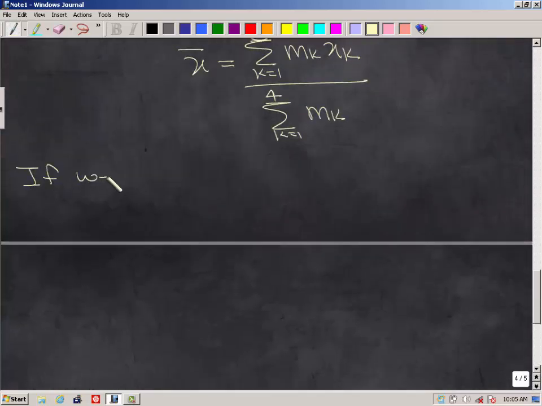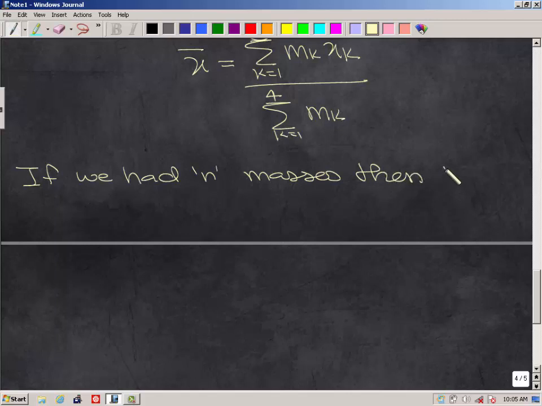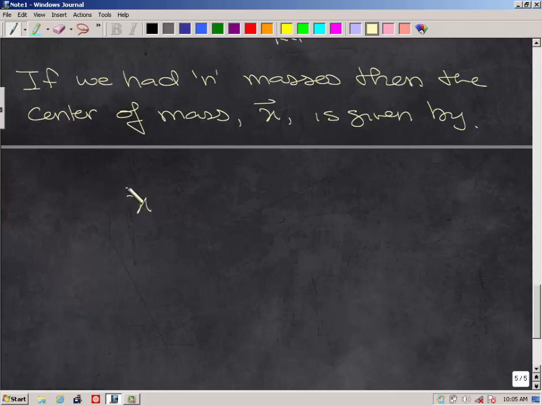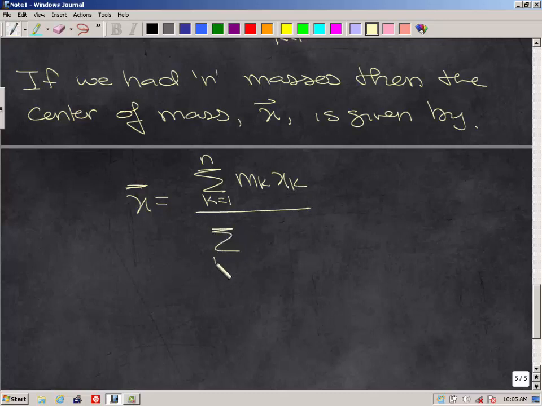So if we had n masses, then the center of mass x bar is given by, remember we are still talking about masses on a line, summation k is equal to 1 to n of m sub k x sub k divided by summation k is equal to 1 to n of m sub k.